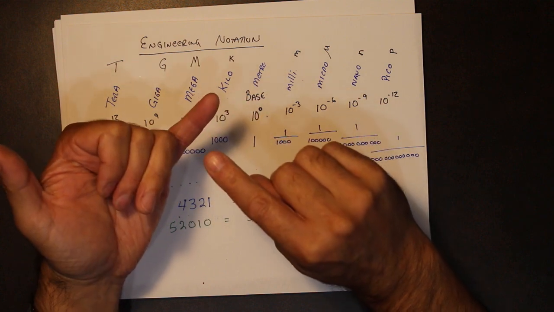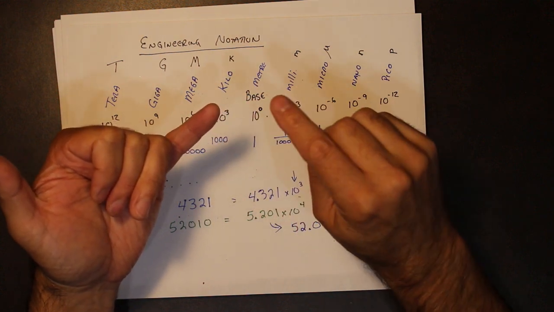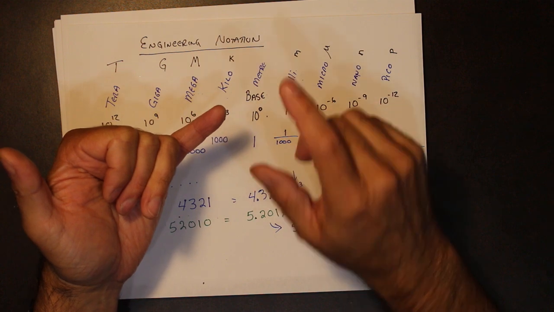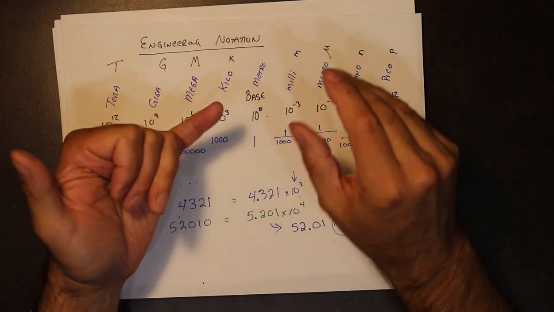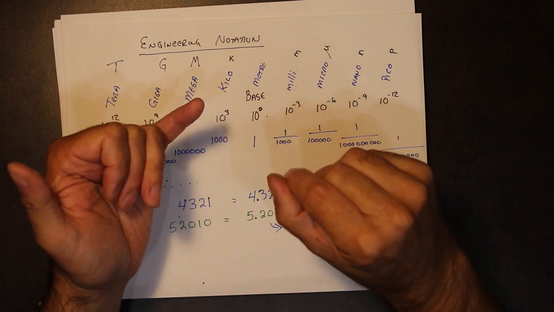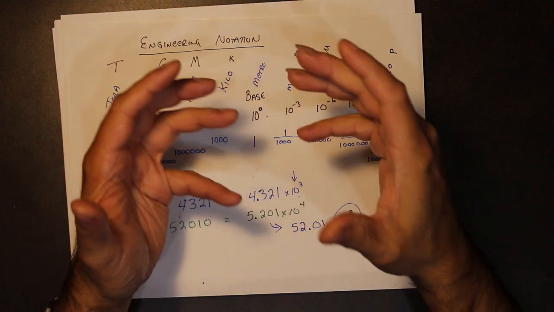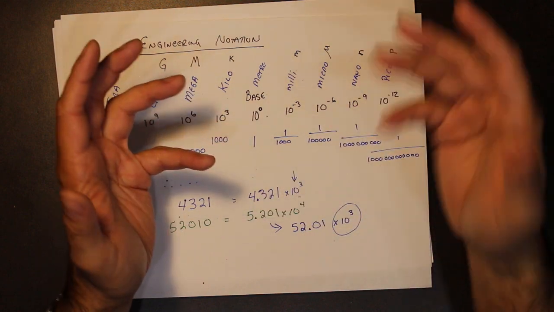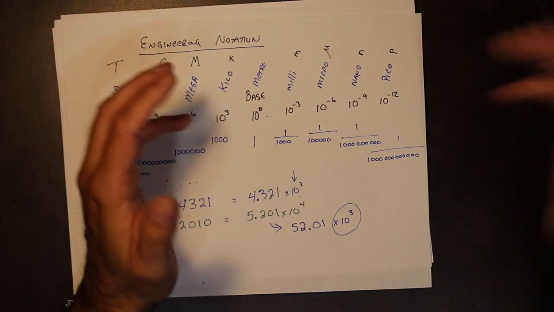Okay, so when we're doing a representation in math, it's much easier to say 5.2 kilo ohms than it is to represent saying 5,200 ohms.